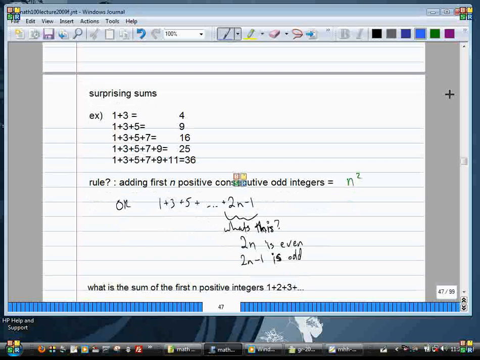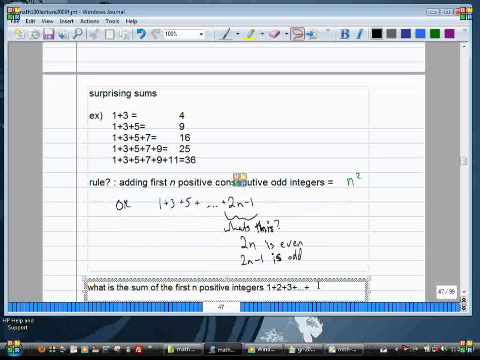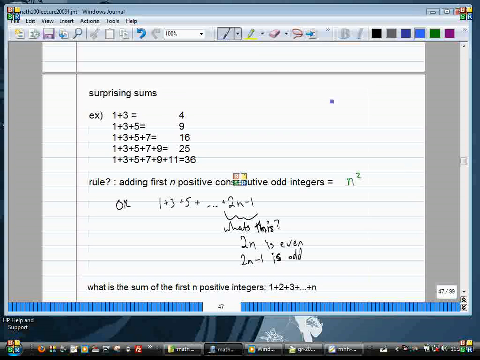What is the sum of the first n positive integers? Or in other words, 1 plus 2 plus 3 plus and so on, plus n. In this case, this notation is a little more clear.